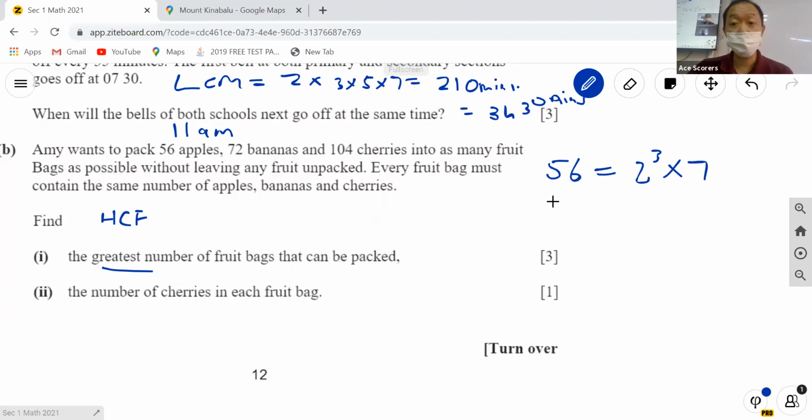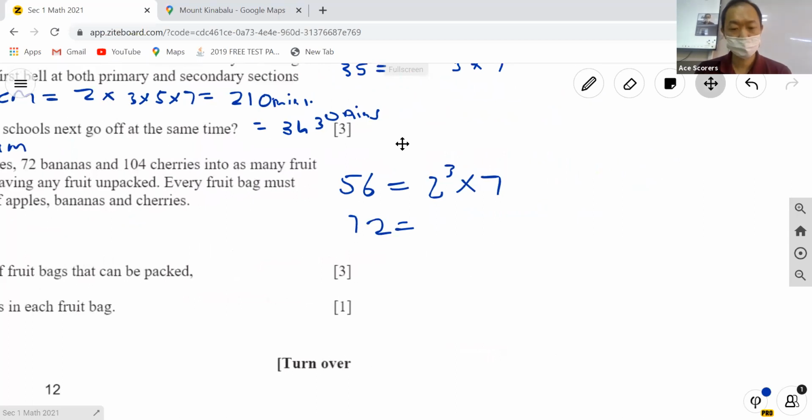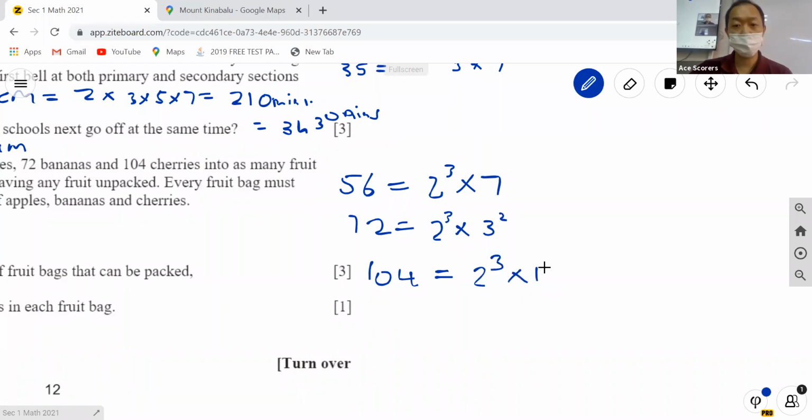Then 72 equals 2 cubed times 3 squared. And then 104 equals 2 cubed times 13. So choose the HCF.